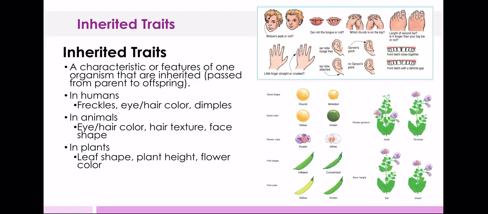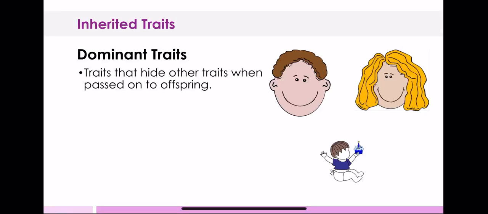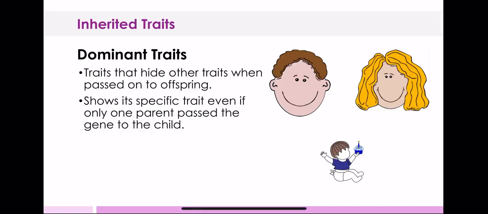Now, how did he figure these out? What's the differences in these traits? It has to do with dominance and recessiveness. First, dominant traits. They are traits that hide other traits when passed on to offspring, which means a dominant trait will show its specific characteristic even when only one parent passes the gene to a child.